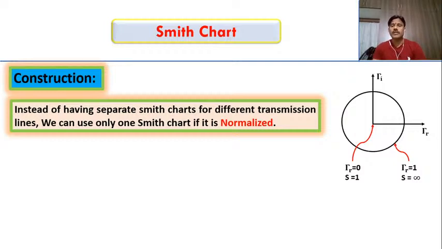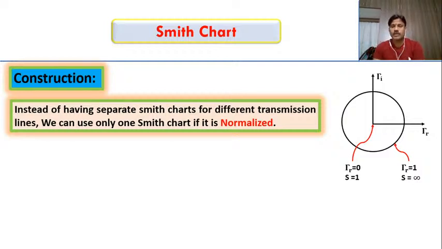So for all the transmission line problems, only one Smith chart is enough, but the condition is that the impedance you are going to represent on the chart should be normalized. What do we mean by normalized?